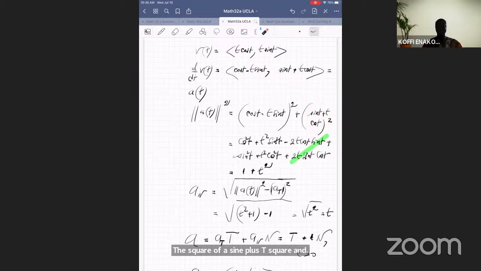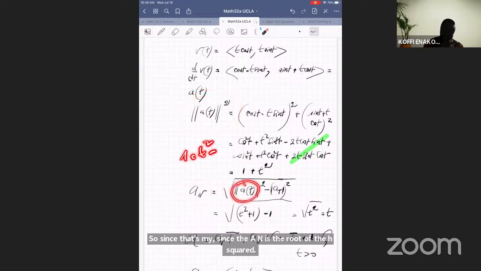That's a plus b squared; the standard form is a squared plus 2ab plus b squared. With that, you see that these two terms cancel, and I only have this, which is 1. I can factor out the t squared, sine squared plus cosine squared. Then my overall result will be 1 plus t squared. Since that's my a squared, and a_n is the root of a squared minus a_t squared, I take 1 plus t squared and subtract 1. That will be the root of t squared, which is t.